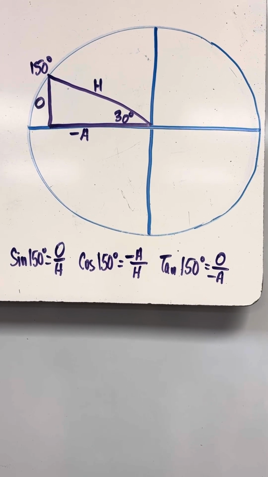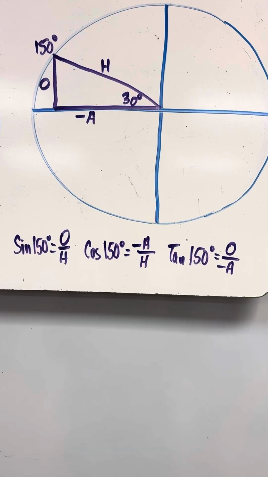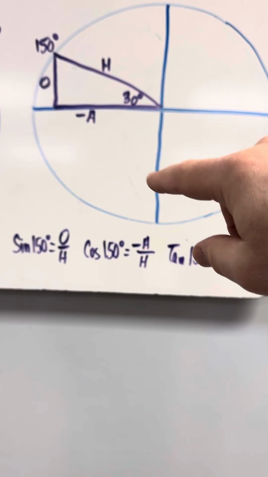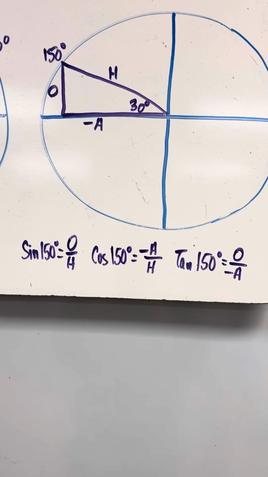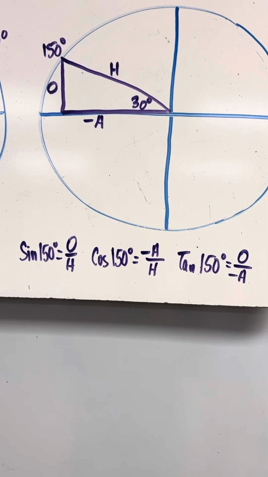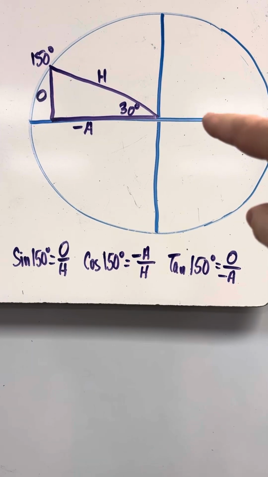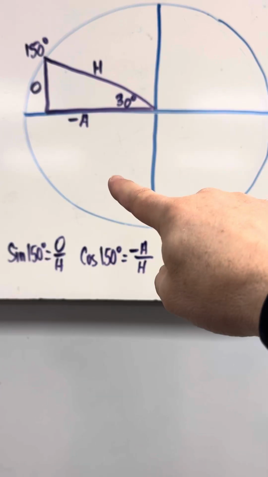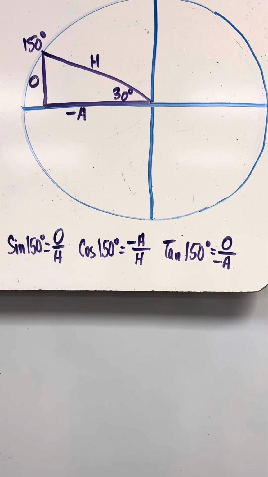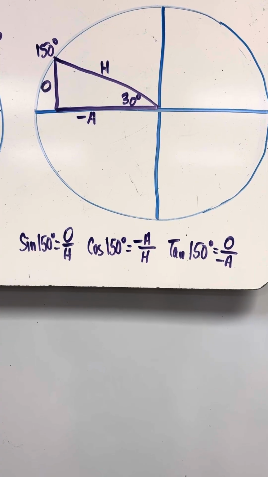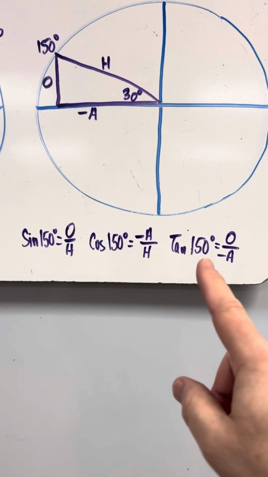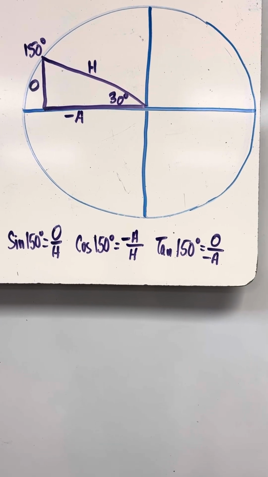Tan is going to be opposite over negative A, so tan is going to be negative also. So in this second quadrant here, this is 1, 2, 3, and 4. In the second quadrant, sine is the only one that's going to be positive. Cosine and tan are negative. All right.